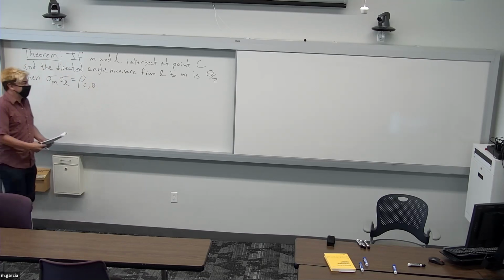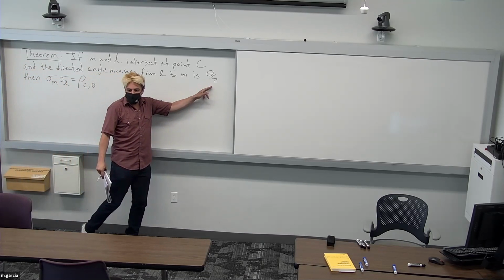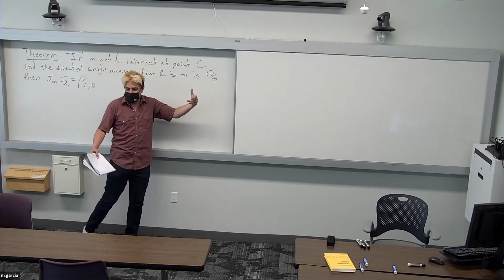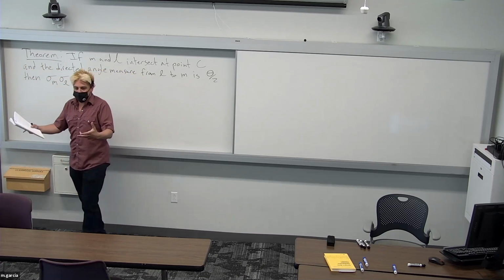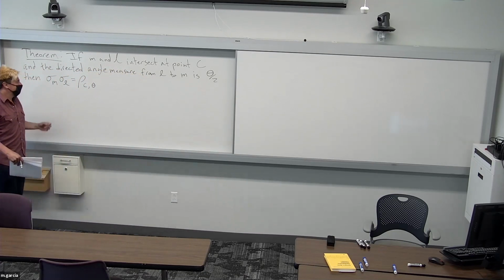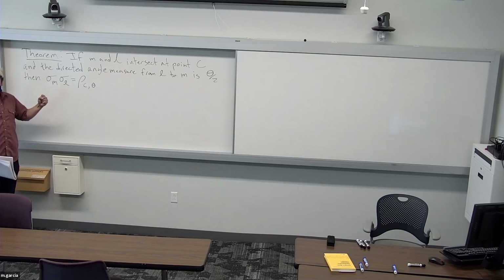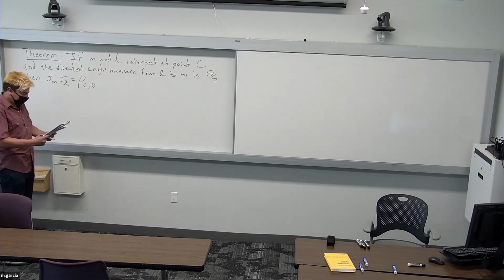That is to say, twice the directed angle measure between L and M, right? Much similar to how the translation that we get when we take the product when M and L are parallel is twice the directed distance. Okay?